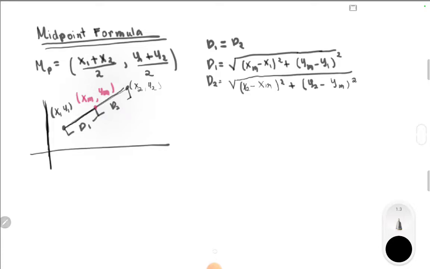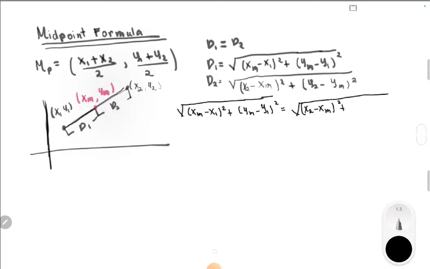Since my d1 and d2 are equal, therefore I may say that I have square root of xm minus x1 square plus ym minus y1 square is equal to square root of x2 minus xm square plus y2 minus ym square.